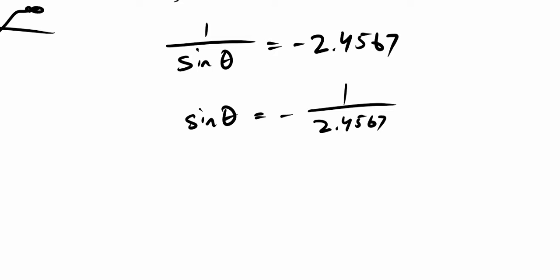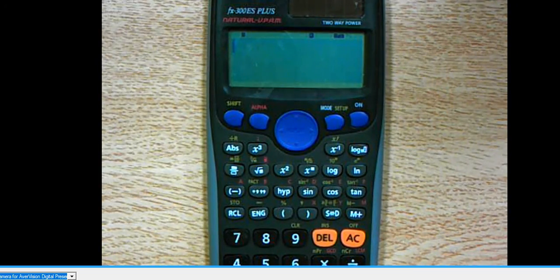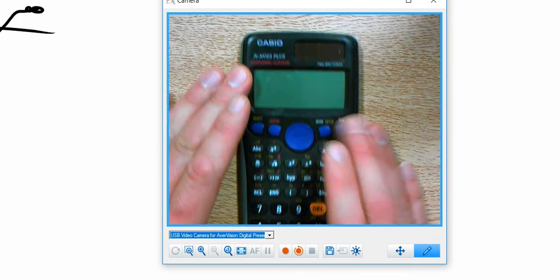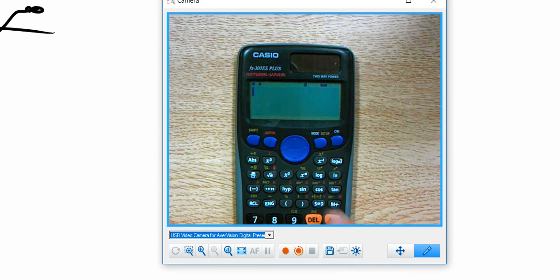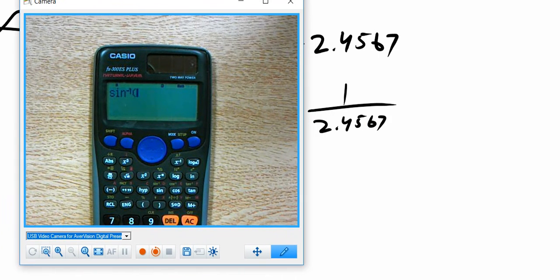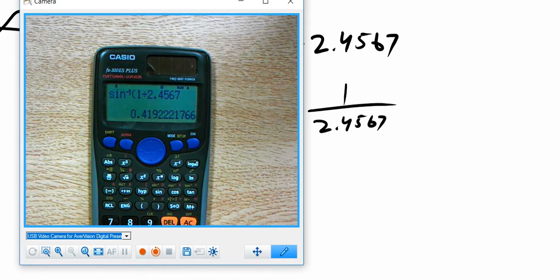So our goal in these cases is always to find the theta related. So I'm going to go shift sine 1 divided by 2.4567. Dropping the negative, right? No negatives going to the calculator. And I'm going to keep 2 decimal places for now because we need 1 later.